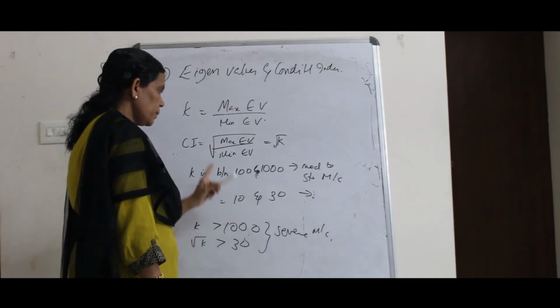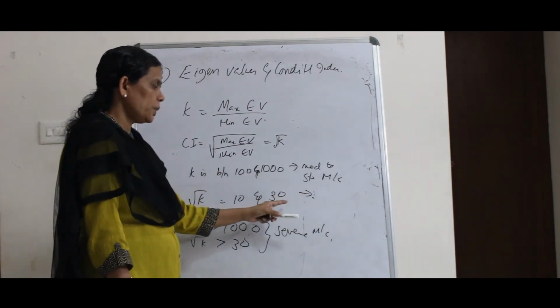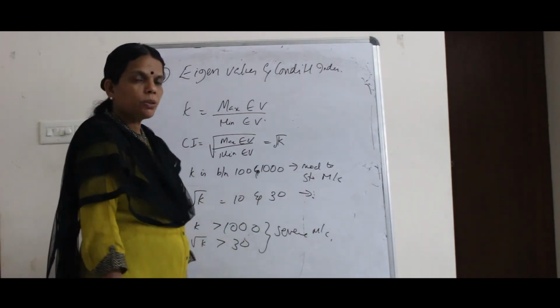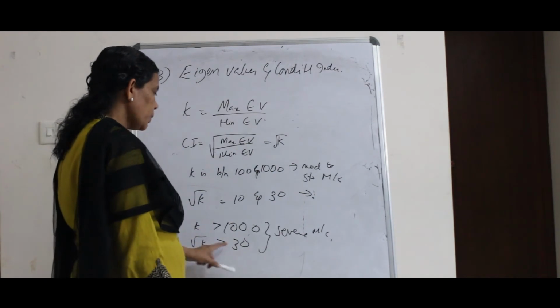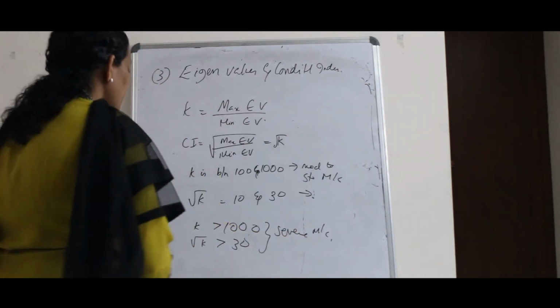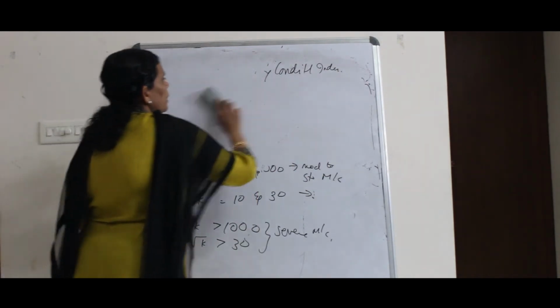Root k will lie between 10 and 30 for moderate to strong multicollinearity, and if root k is greater than 30, we say there is severe multicollinearity. That's the third test, eigenvalues and conditional index.